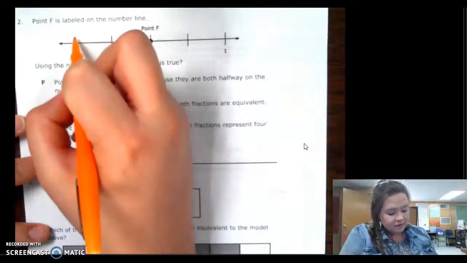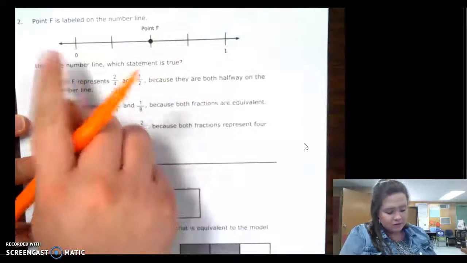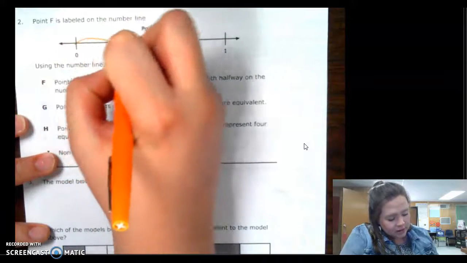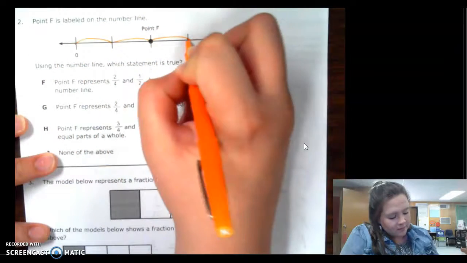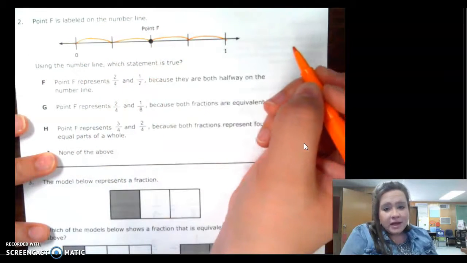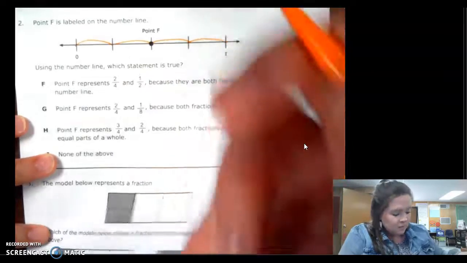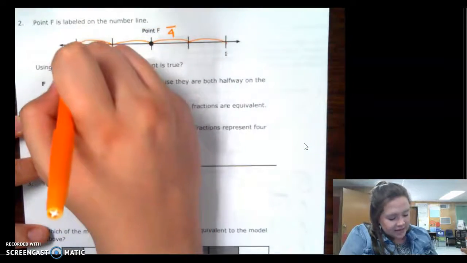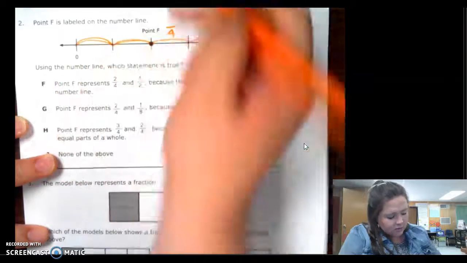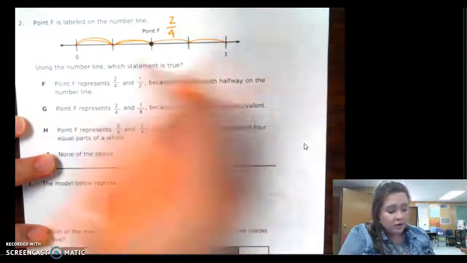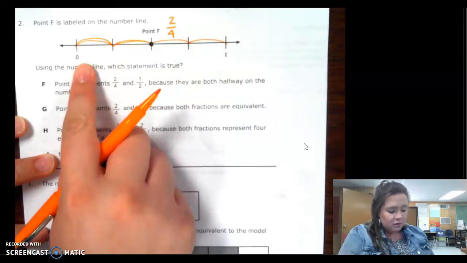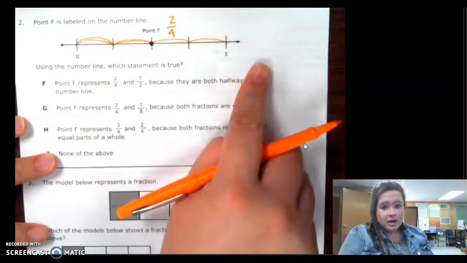Your sections count from the first tick mark to your last tick mark. So 1, 2, 3, 4. How many sections do we have? We have 4 sections. And point F is 2 sections away from 0. So this fraction is 2/4 of the way between 0 and 1.